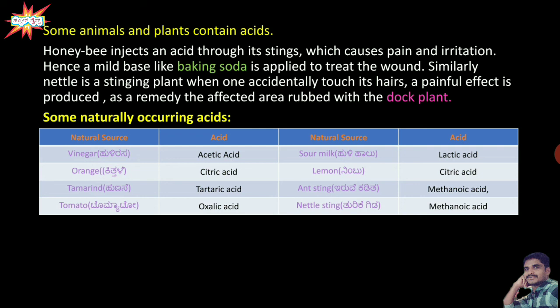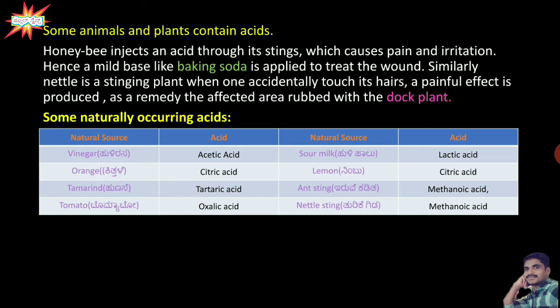Some naturally occurring acids, natural sources of acids. Vinegar, hulirasa: the acid present is acetic acid. Orange, kittale: citric acid. Tamarind, hunase: tartaric acid. Tomato: oxalic acid.